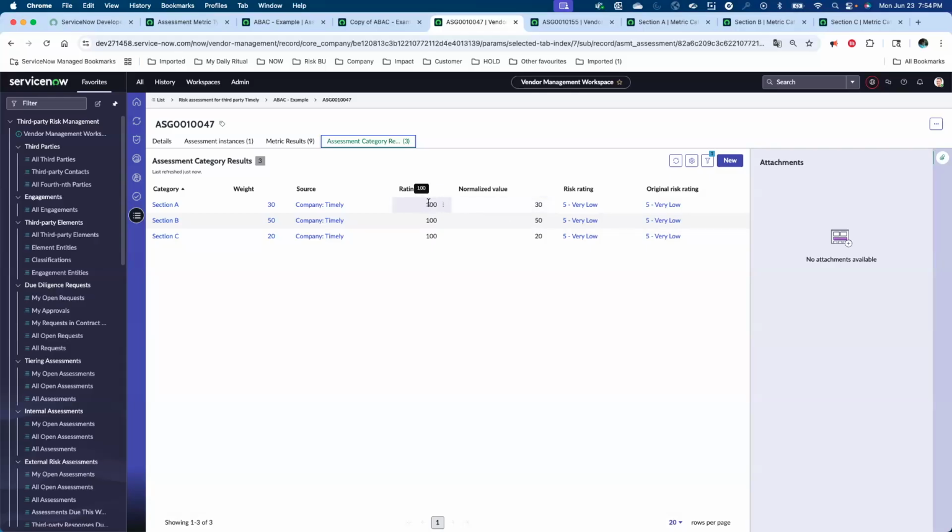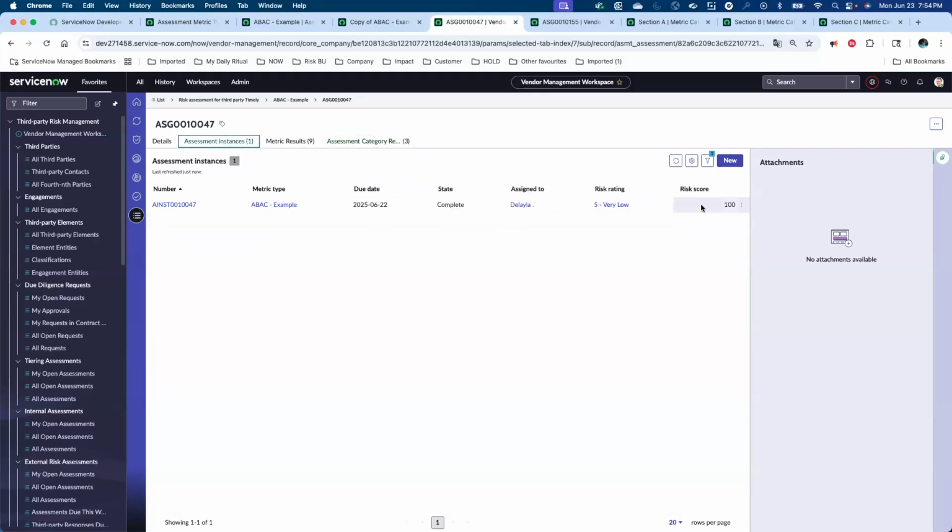So basically 100 is your category rating multiplied by category weight, which is 30. So it's a weighted average. 30 by 100. So 100 multiplied by 30 by 100 is equal to 30. So you see the normalized values of these categories coming to 30, 50, and 20 respectively. That is the sum, and that's your category score of 100 again.